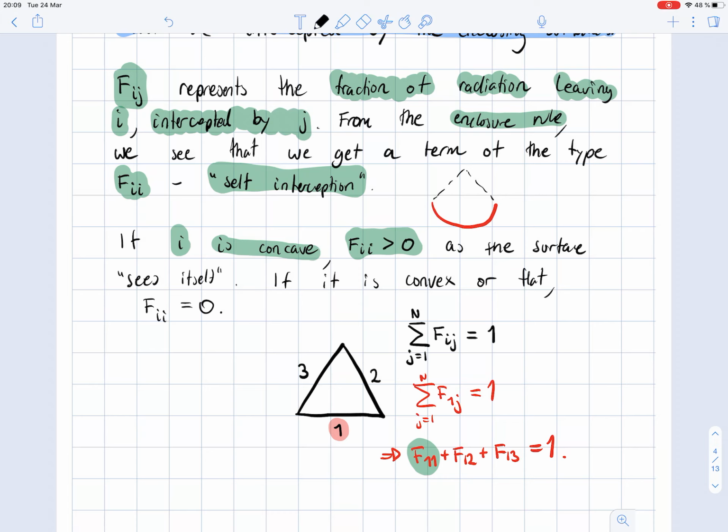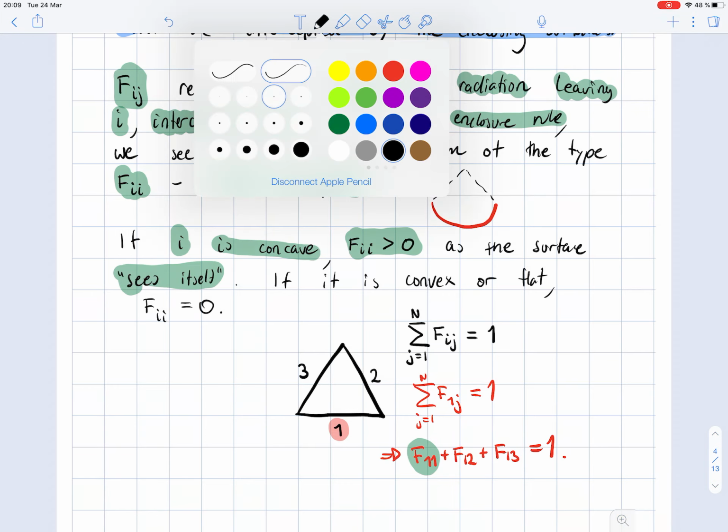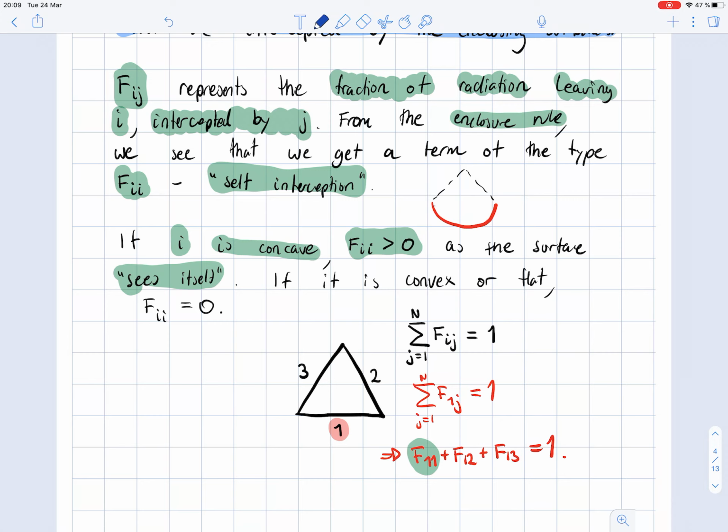Why does this give a view factor of itself which is greater than 0? Well, it is because the surface sees itself. You can imagine a ray coming from here will hit the surface itself, a ray coming from here will maybe hit there, etc. The surface is able to see itself.